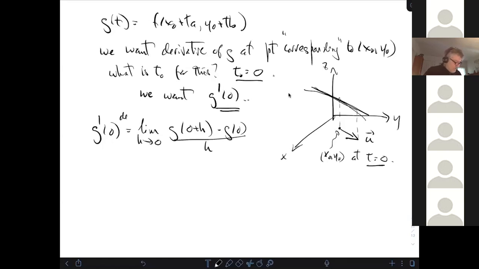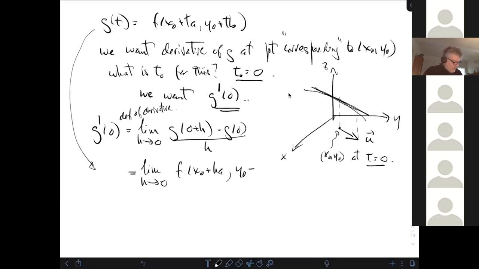This is just the definition of derivative. Now I'm going to use the definition of g to get what I want. So this is the limit as h goes to 0. What is g of 0 plus h? This will be f of (x0 plus h a, y0 plus h b) minus f of (x0, y0), divided by h.